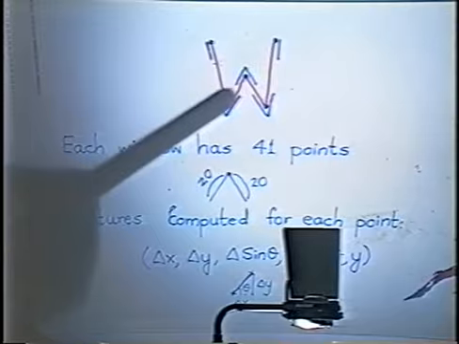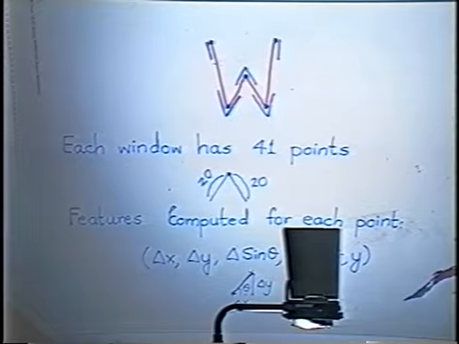Okay, so for each one of these, we extract the tangent and the curvature information. This is for our first level of processing. So this is delta x, delta y, delta sine, delta cosine, and absolute y coordinate. In addition, recently we've been looking at some wavelet-based features for some of these pieces of characters, which has been giving us slight improvements.